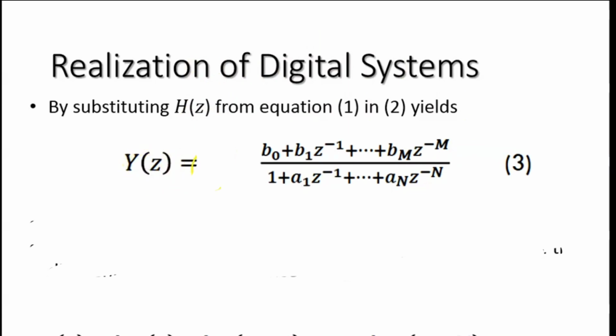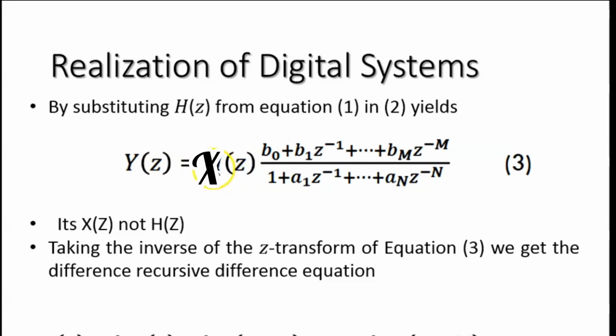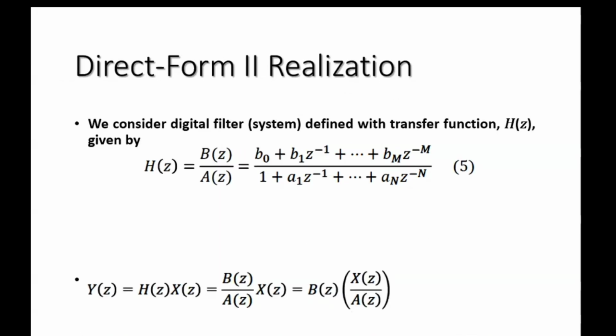So let us consider the digital filter with input x of z. The transfer function is given by H of z equal to b0 plus b1 z power minus 1 up to bm z power minus m, divided by 1 plus a1 z power minus 1 up to an z power minus n. We know that Y of z is equal to H of z into X of z.